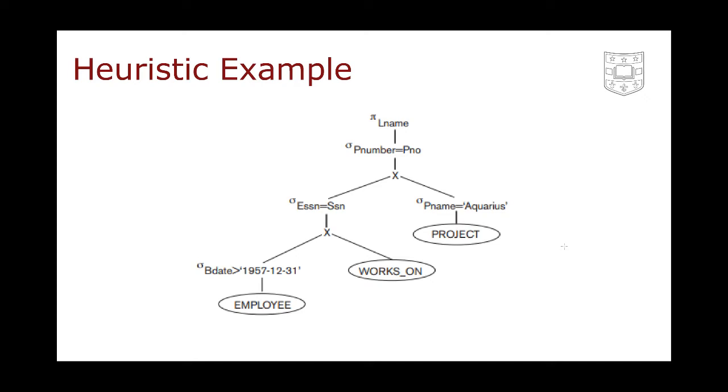And actually, we can take a look at this from a more nuanced perspective, right? Of the select conditions that I see here, birth date greater than such and such, and P name equals Aquarius, which one is going to be more selective? Which one do I expect to be more selective? P name equals Aquarius.